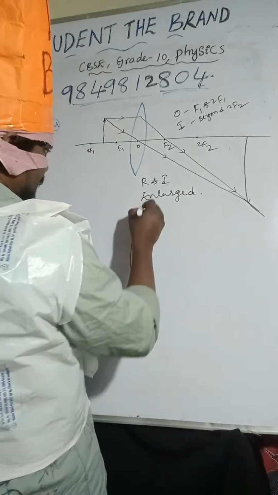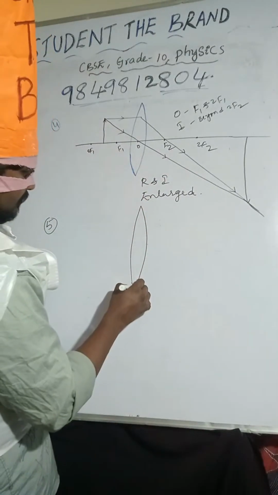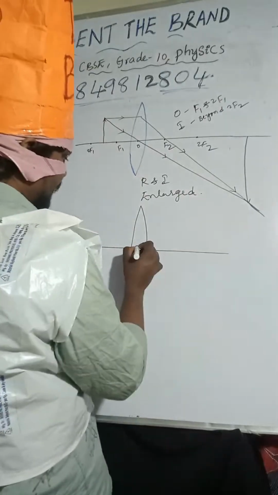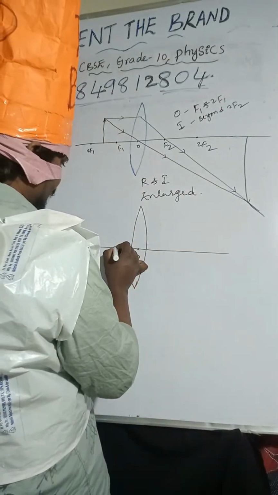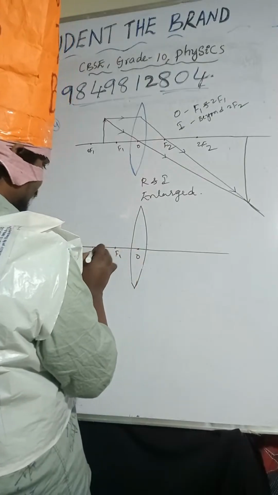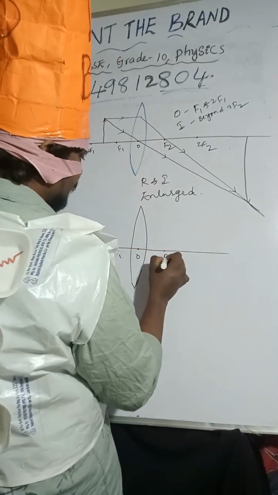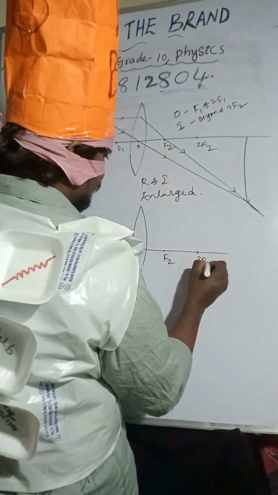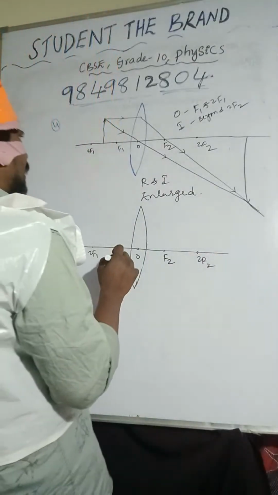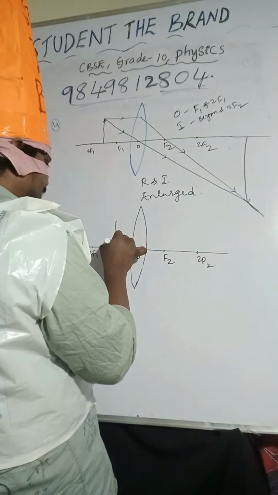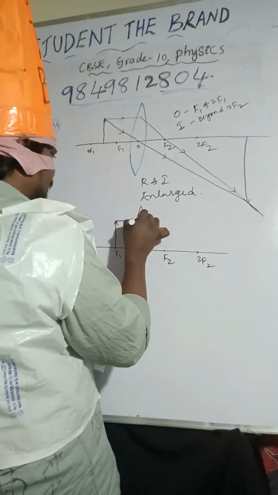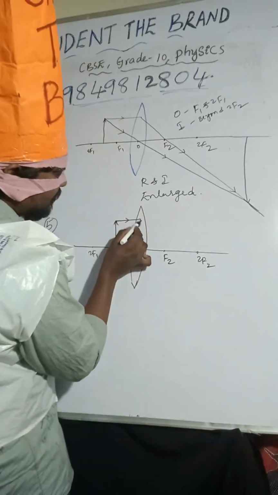So here optic center, f1, 2f1, f2, 2f2. Object is placed at f1. While I am taking like this, it passes through focus.